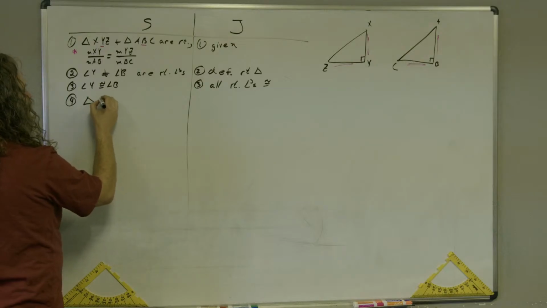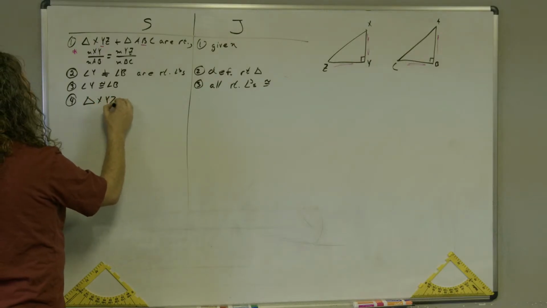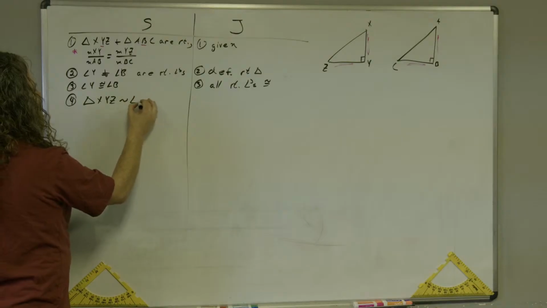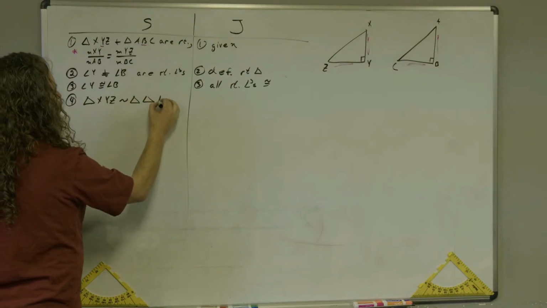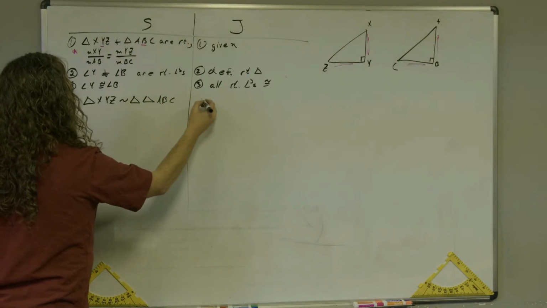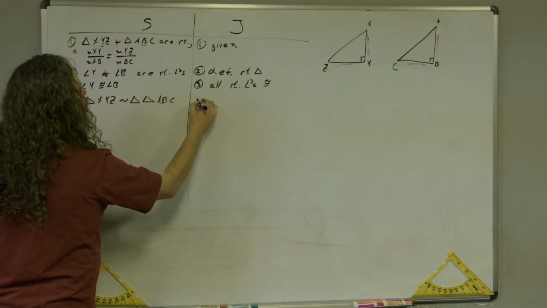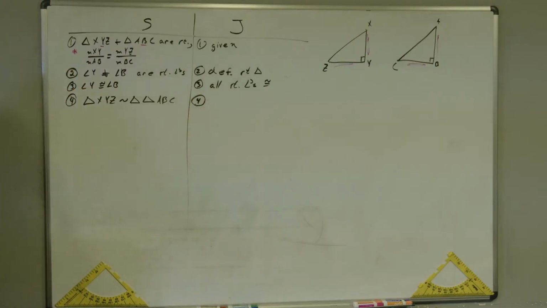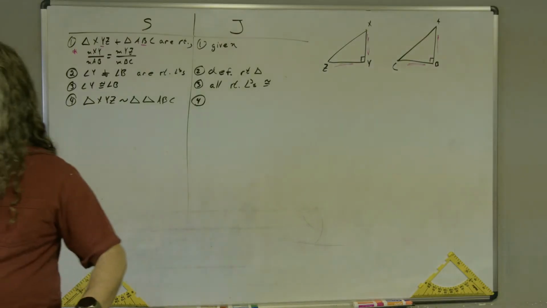Triangle X, Y, Z is similar to triangle A, B, C because why? What is our justification? We've only got 3 options right now for proving triangles are similar.